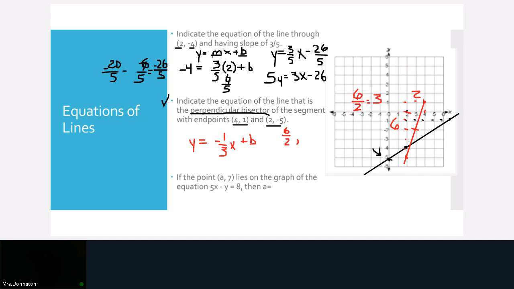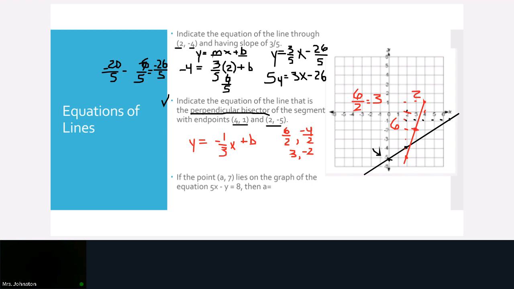And 1 plus negative 5 is negative 4 over 2 would be the y term. So simplified, that would be 3 comma negative 2. So over to 3 and down to negative 2, right there is the point of intersection.